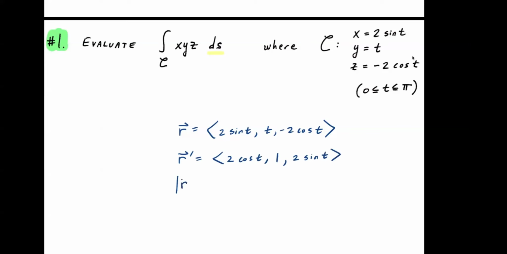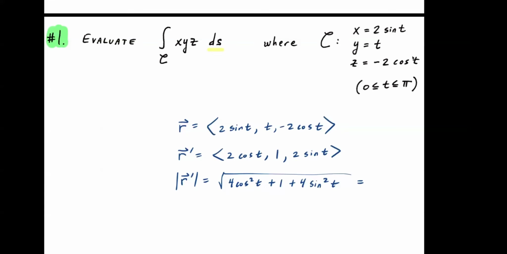The speed, in this case, the length of the velocity vector, is the square root of 4 cosine squared t plus 1 plus 4 sine squared t. And cosine squared plus sine squared is 1, so this simplifies to square root of 5.